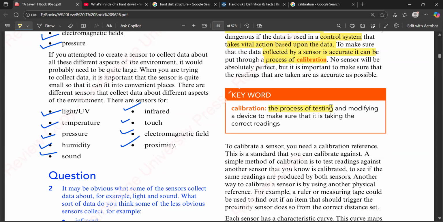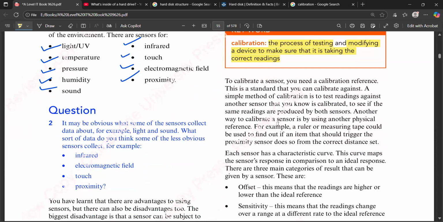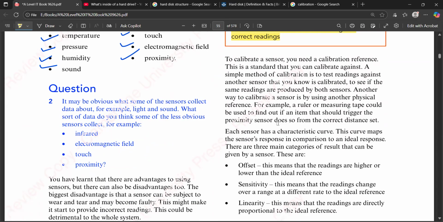Calibration is the process of testing and modifying a device to make sure that it is taking the correct reading. To calibrate a sensor, you need to have a calibration reference, that is the standard. A simple method of calibration is to test readings against another sensor to check if it is properly calibrated or not.